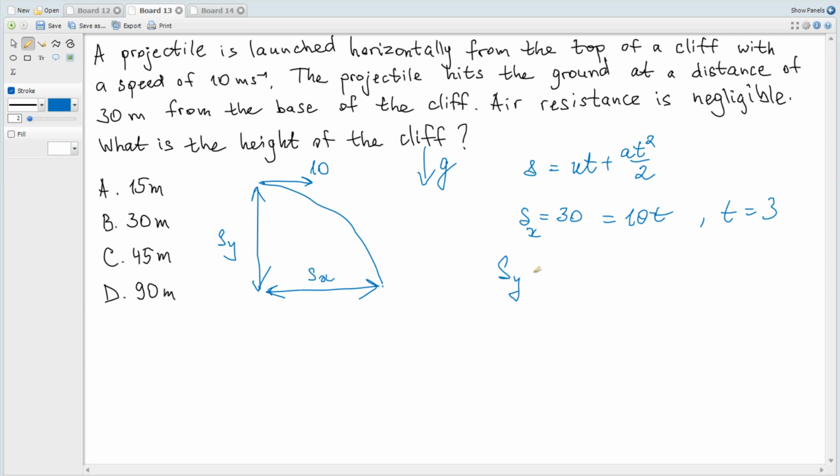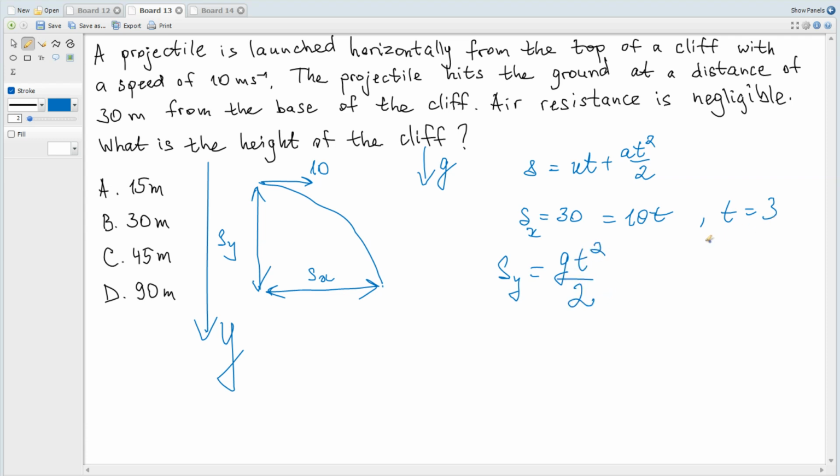If we consider the vertical displacement, let the y-axis be downwards. So ut, the vertical component of the initial velocity is 0. g is in the same direction as y, so it's plus gt squared over 2.